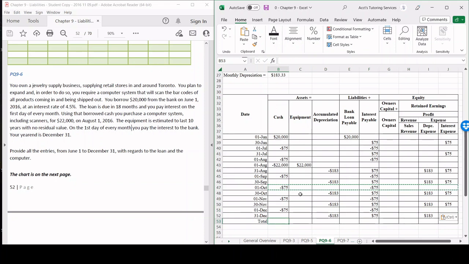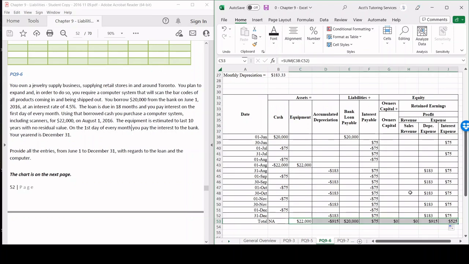Then when we do our totals at the bottom for cash, we're going to ignore that. But we're going to do it for the rest of them. I'm just going to put in a quick formula. We're ignoring cash because remember, the main topic at hand is accumulated depreciation, equipment, bank loan payable, interest payable, depreciation expense, and interest expense.